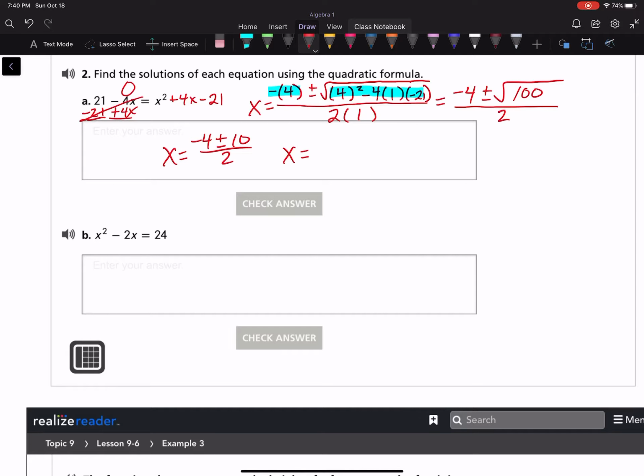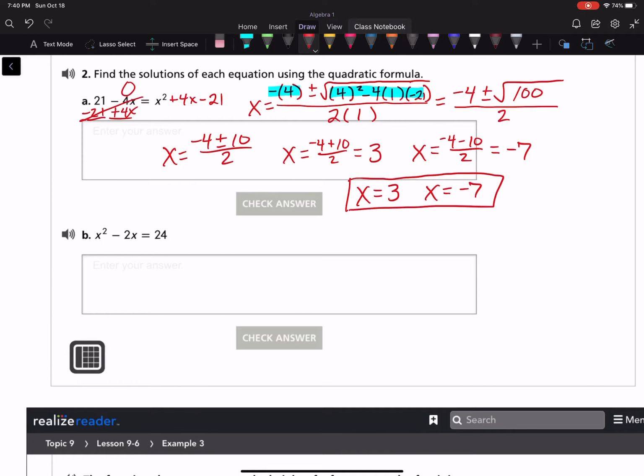So my 2 answers, let's see here, negative 4 plus 10 divided by 2 would be 6 over 2, which is 3. And the other answer would be negative 4 minus 10 divided by 2. Negative 4 minus 10 would be negative 14 divided by 2, which is negative 7. So x equals 3, x equals negative 7.